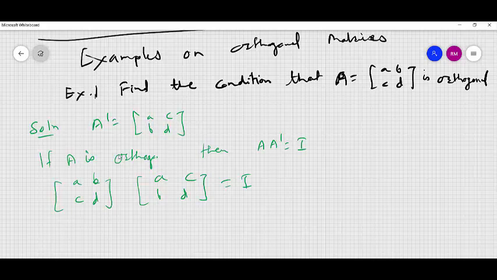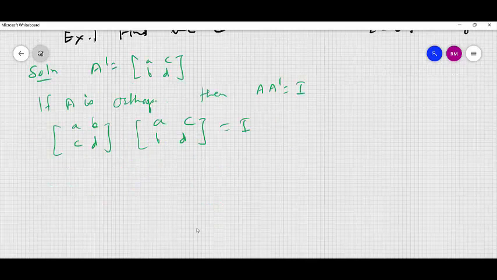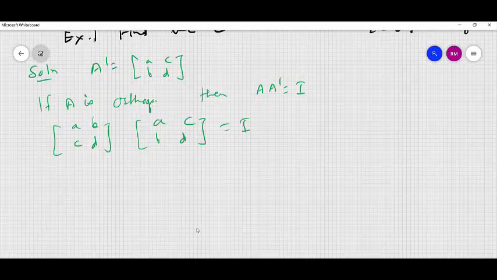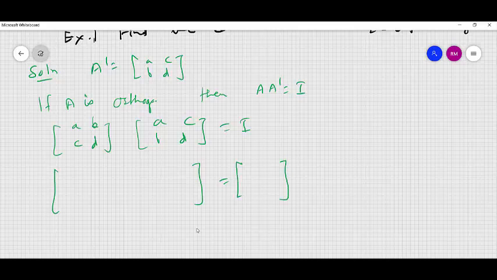If we simplify this using matrix multiplication, the product of two matrices of 2 by 2 size becomes again a matrix of size 2 by 2. And what is I here? I is I2, means 1 0 0 1. Right hand side will be this. What about the left hand side?